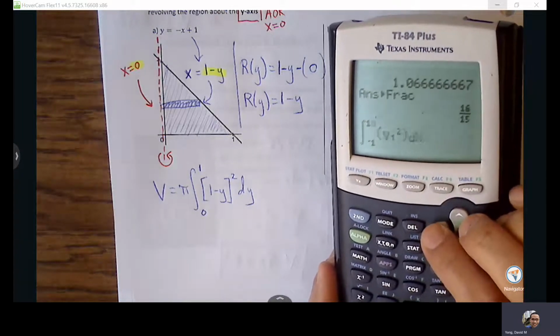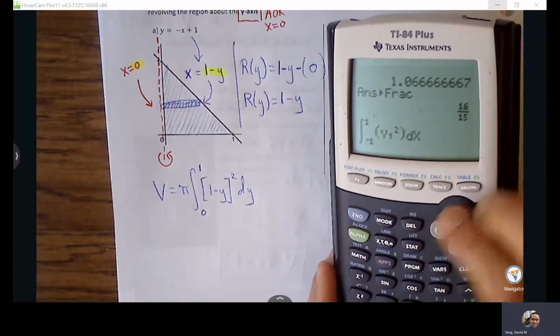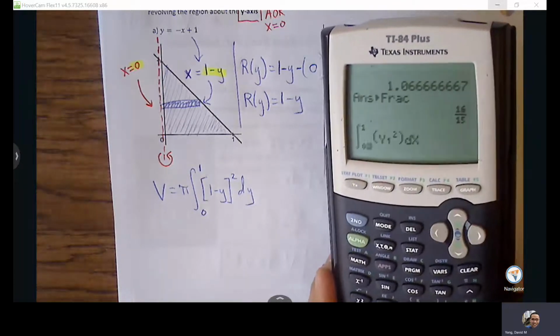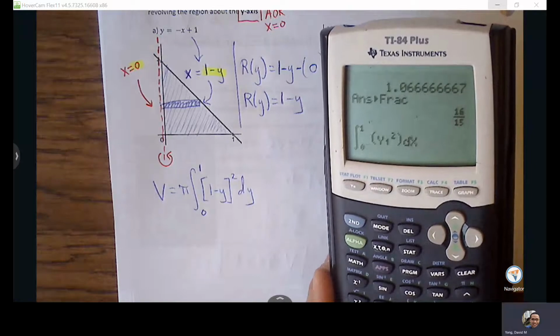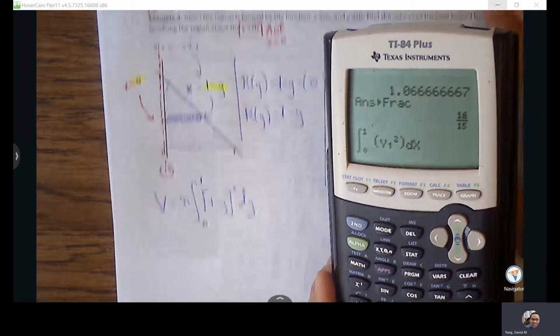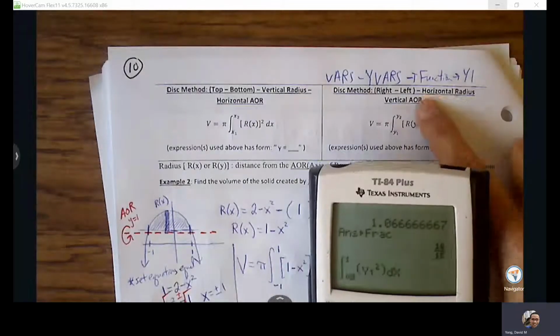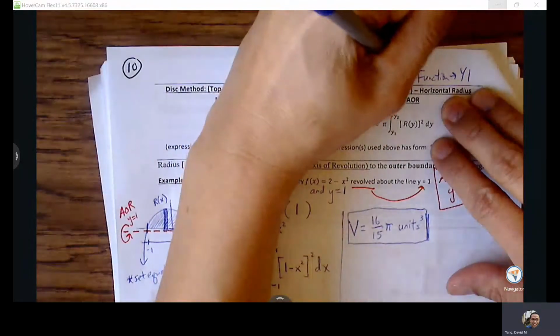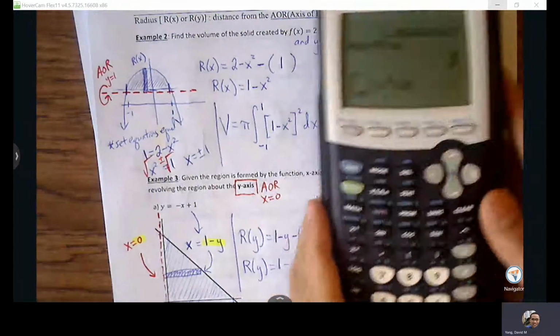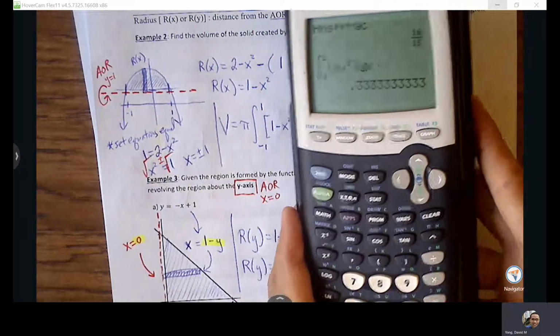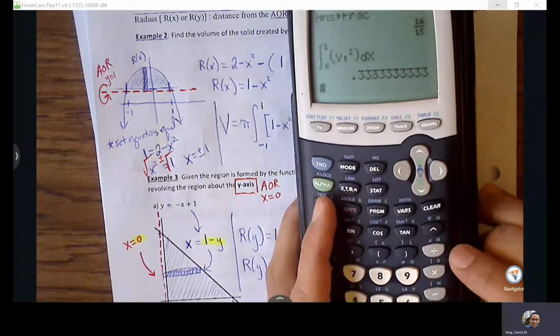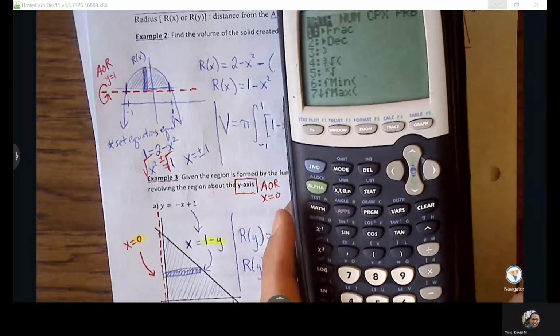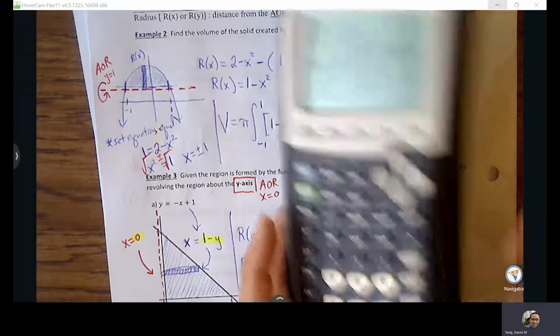I just have to change the bounds. So go from 0 to 1. If you want to get to that y1 again, you can go to Vars, Function, y1. Enter, see if you can convert it to a fraction. So do Math, 1. It does, 1/3.